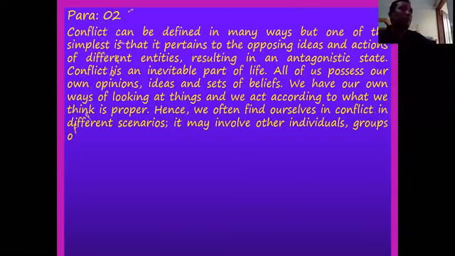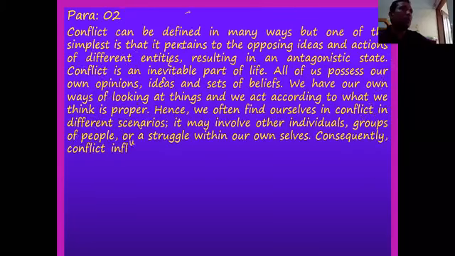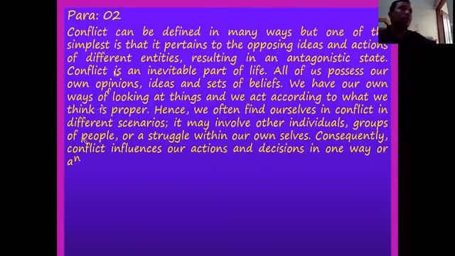It may involve other individuals, groups of people, or a struggle within our own self. Consequently, conflict influences our actions and decisions in one way or another. Now we'll have the Bengali translation of this para.